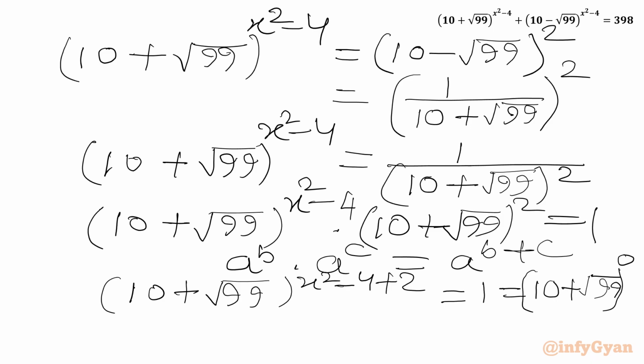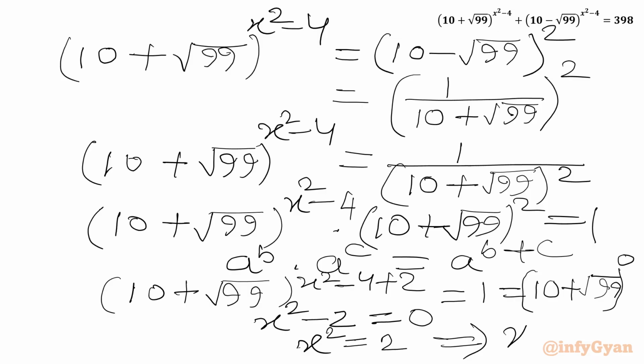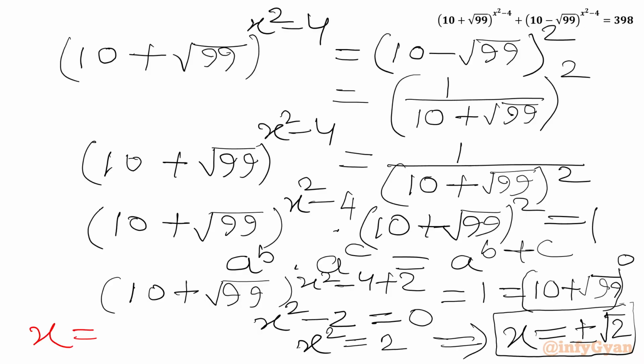So I need to compare our exponents. So we'll write x square minus 4 plus 2 is minus 2 equal to 0. So from here we'll be getting x square is equal to 2, or I can take a square root both sides and write our third and fourth real solutions plus minus square root 2. So we have in total 4 solutions. Let me write here x equal to plus minus root 6 and plus minus root 2.